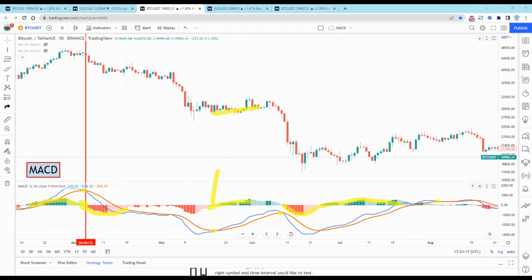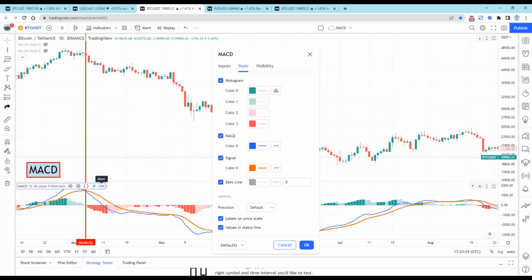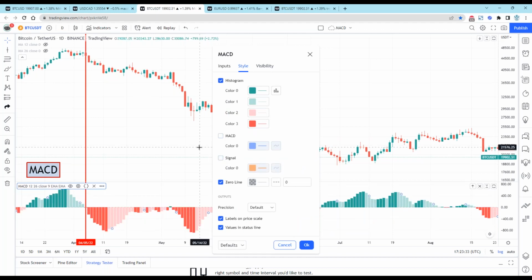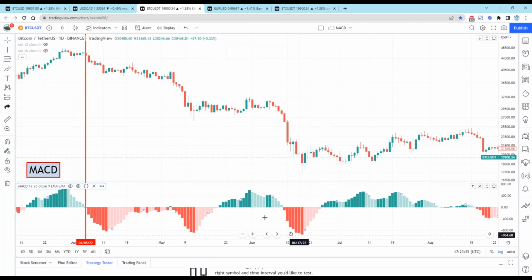Now, there are people like me who love MACD, but we don't need all of this information because we can see it all in the histogram. So for instance, I turn off my MACD and my MACD signal line, and then I'm only looking at the histogram. The histogram visually gives you a much better representation of what price is doing as it moves along its journey.